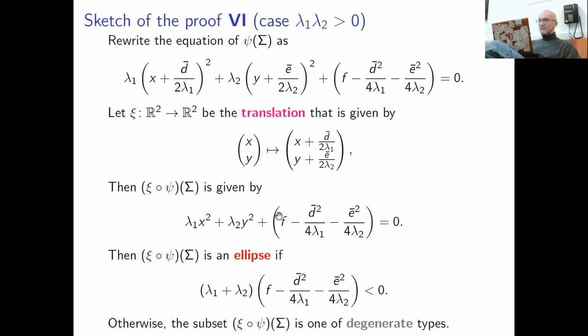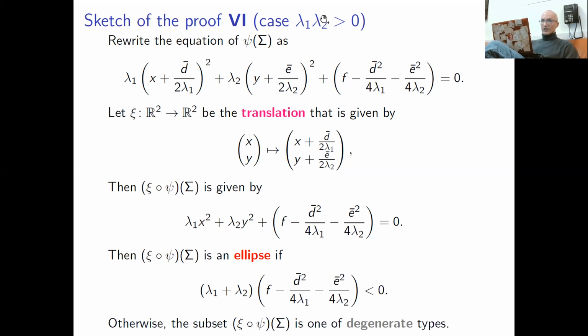So, okay, we can basically shortcut all these cases I described by one condition. This is an ellipse after rotation and translation if and only if you take lambda 1 plus lambda 2, because we need to keep track of the sign.